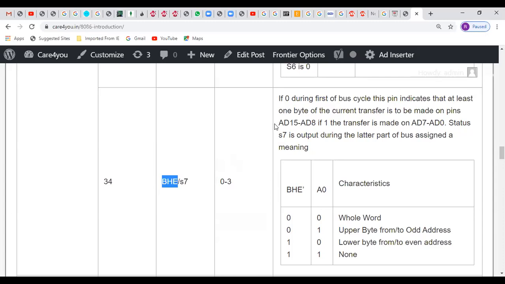Let me see who is first to answer. Fast. Full form of BHE. Very good. Somebody is writing. Fantastic. Bus high enable. Anu, very good. So it is bus high enable.